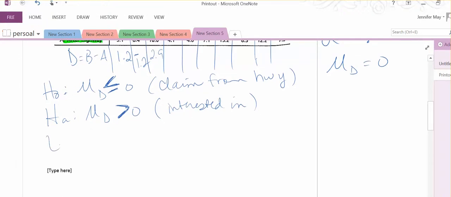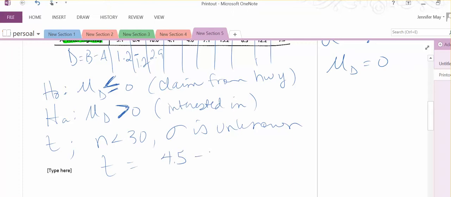Well, we choose t. Why? Because n is less than 30 and sigma is unknown. Blah, blah, blah. t is found by taking the sample mean minus the population mean divided by the standard deviation divided by the square root of n. So you've done this portion of the test already in chapter 7, actually.